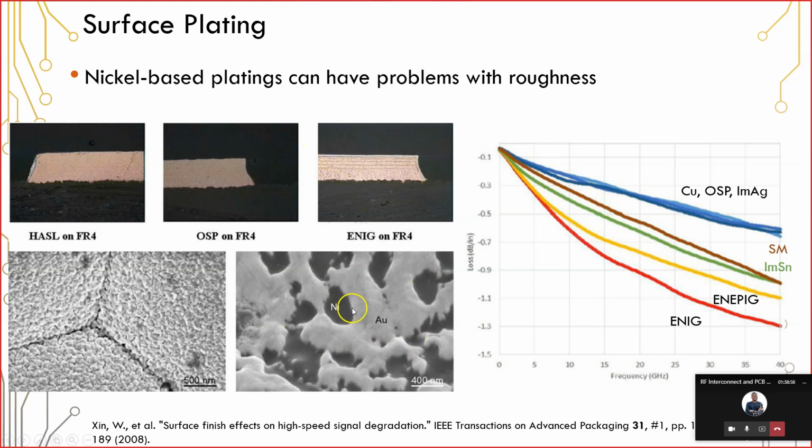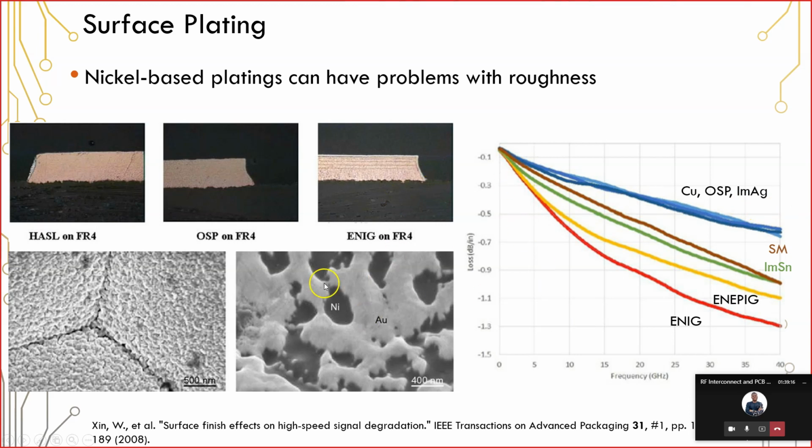And so that actually ends up increasing the roughness. Another option is HASL, and it's going to be somewhere in this region. It's actually going to be somewhat rougher than OSP and immersion silver. So these two are really superior for RF.